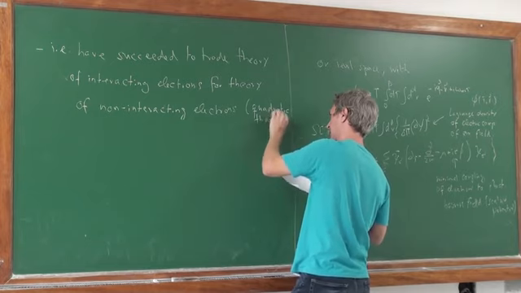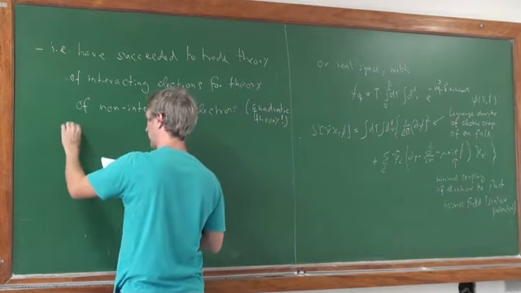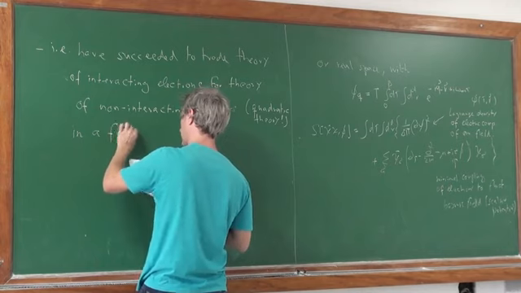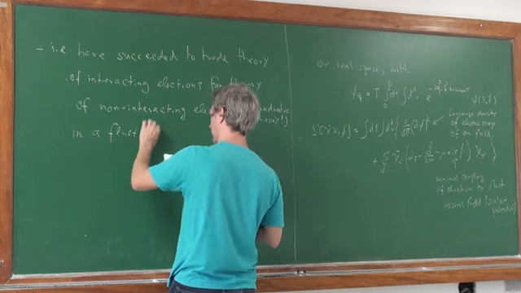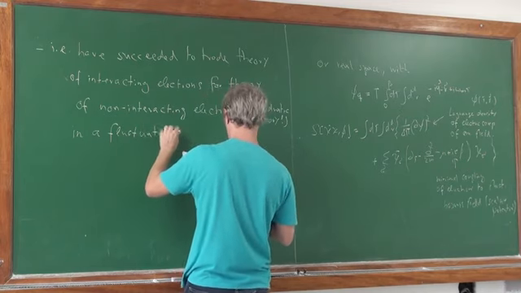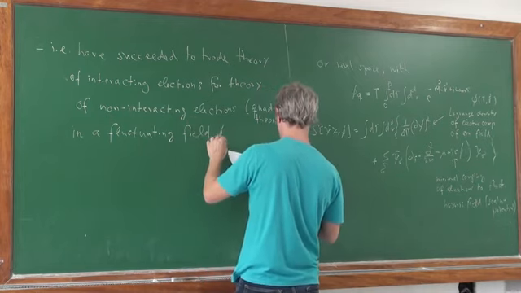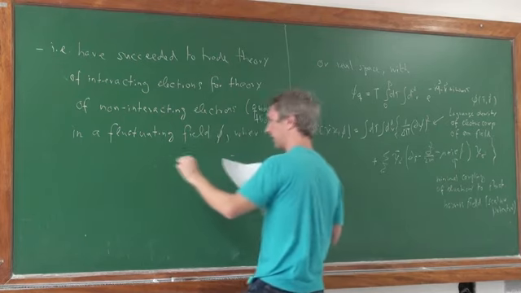However, these non-interacting electrons are in the fluctuating field. You can think of the photons transmitting interactions.